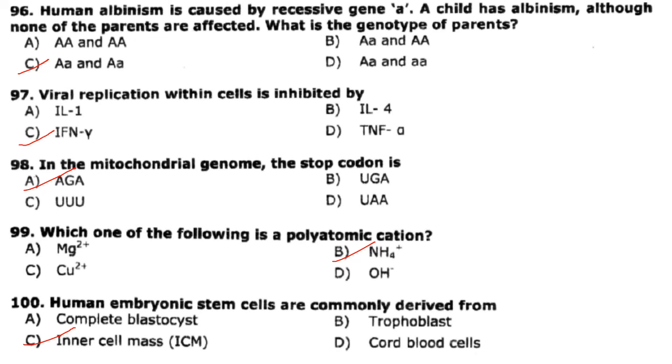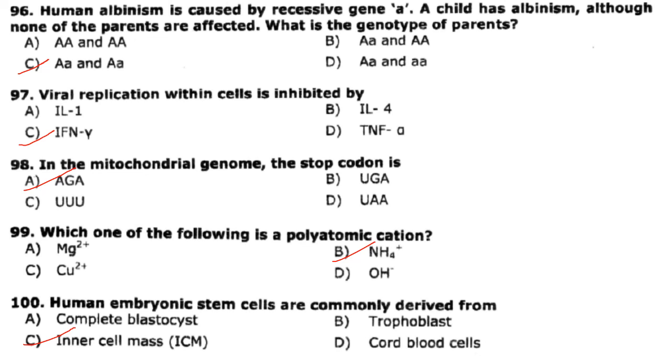So that means both the parents should have the recessive gene, but since they are not affected, the capital A genotype, which does not cause albinism, will be present. So if their parents will be heterozygotes, only then the child will have albinism. Answer is option C, capital A small a, capital A small a.